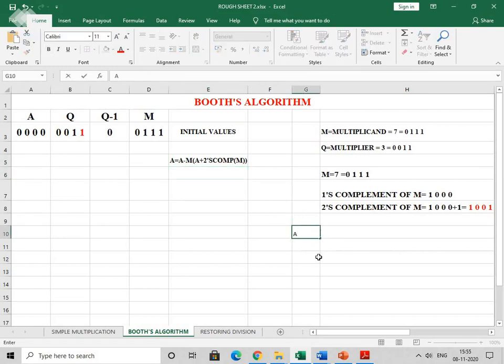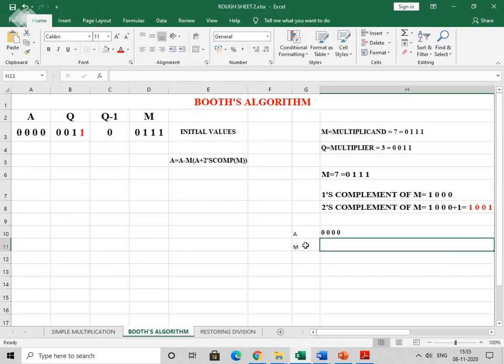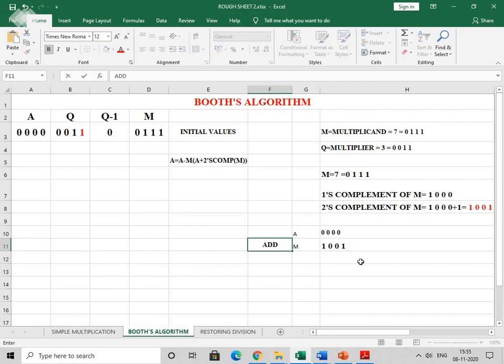What is the current value of A? A is four 0s. The 2's complement of M is 1 0 0 1. Do the addition. What I will get? 1 0 0 1.